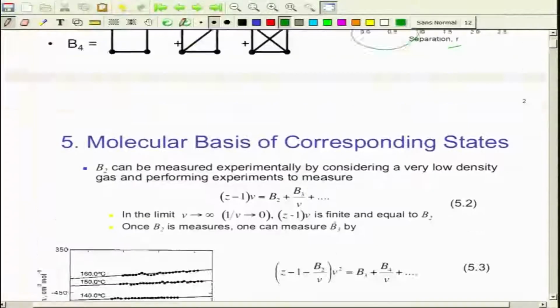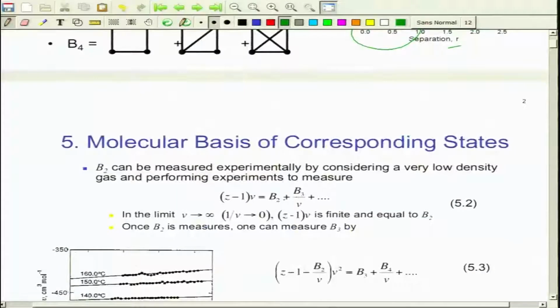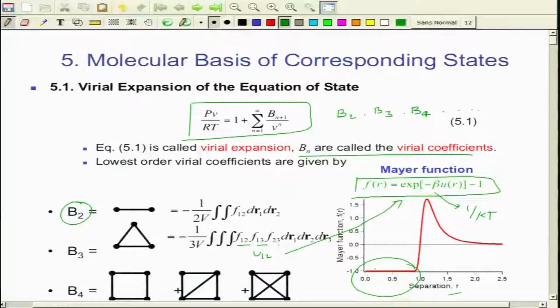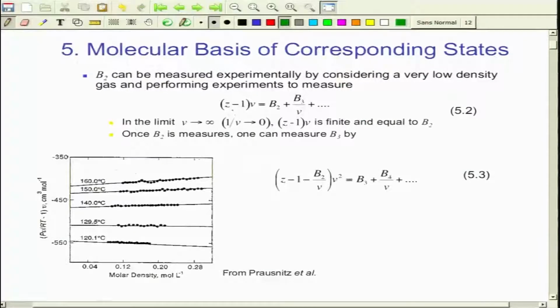If you look at this equation again, this is the virial expansion, or virial equation, and you expand it in terms of the B's. This is nothing but Z. So if you take Z minus 1 multiplied by V, you are going to get this expression, where the other terms are higher order terms.